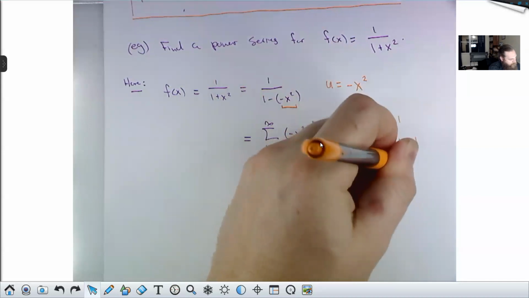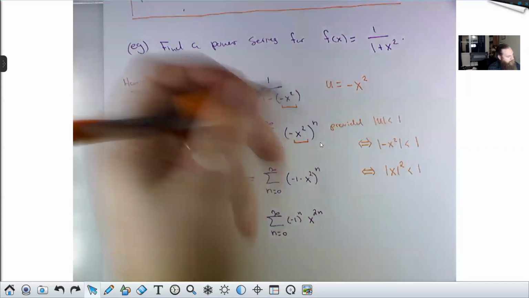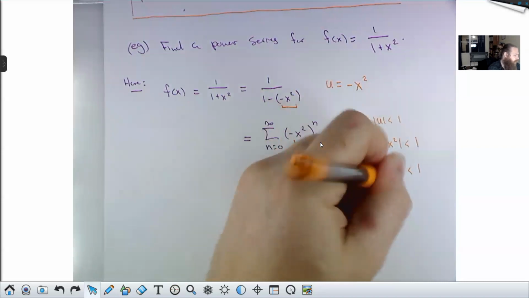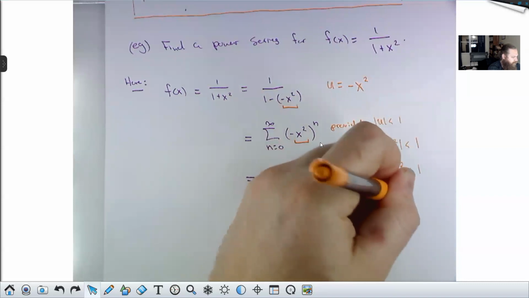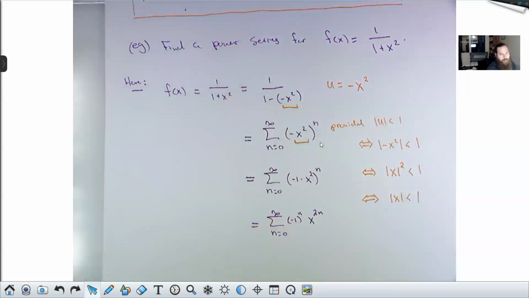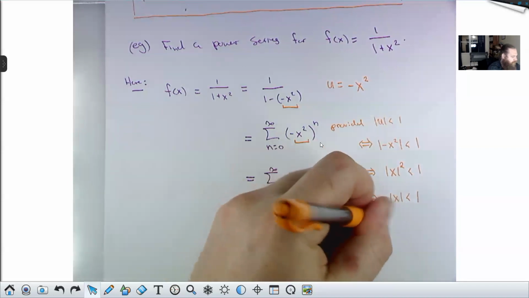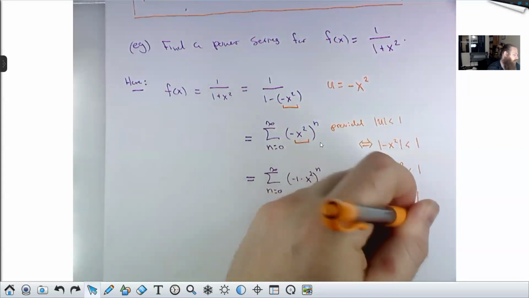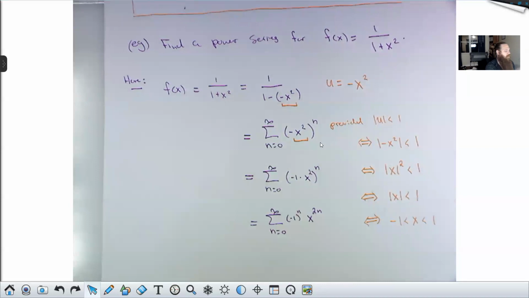So you get the absolute value of x squared is less than 1. You can take square roots on both sides. The square root of 1 is just 1. Here, everything is positive. We don't have to worry about plus and minus. And then you can unpack. So when you unpack, you find the same interval of convergence that you did for the original geometric series, 1 over 1 minus x. We haven't altered that at all.